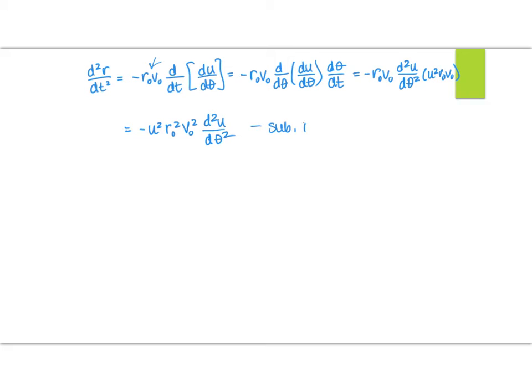We're going to substitute this in the radial equation. Remember, this was the second derivative of r with respect to time, but we just rewrote it. And then we had r d theta dt squared.